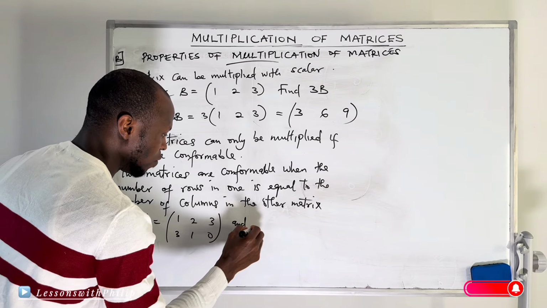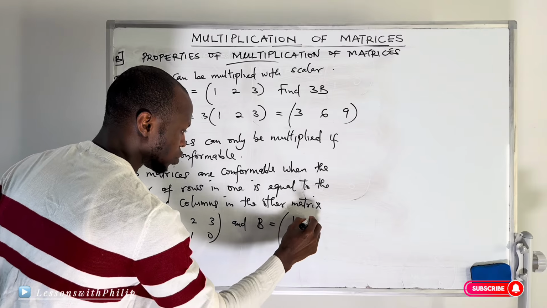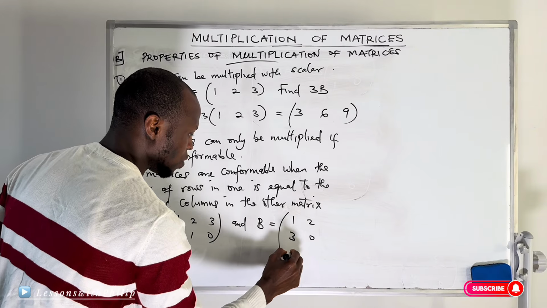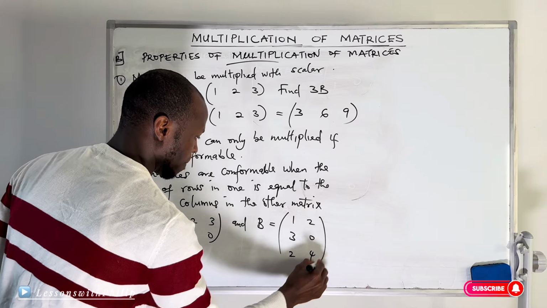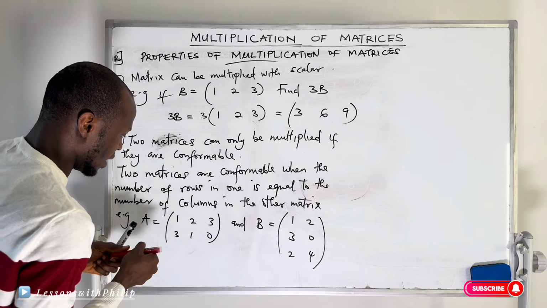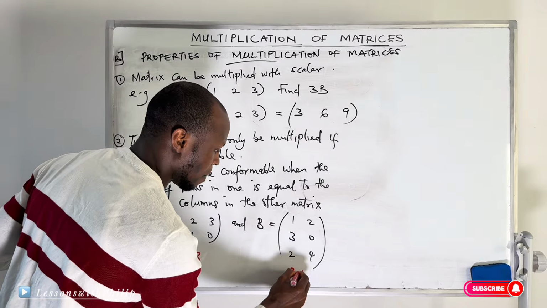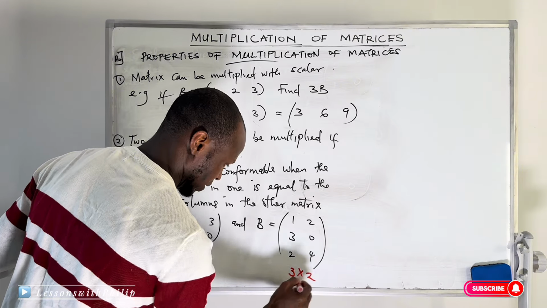And we have my matrix B equal to 1, 2, 3, 0, 2, 4. This is a 3 by 2 matrix.